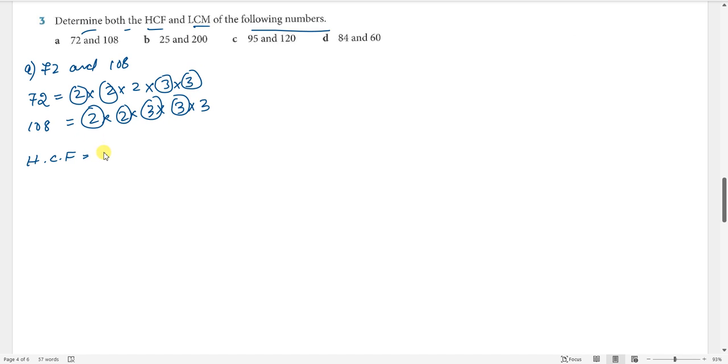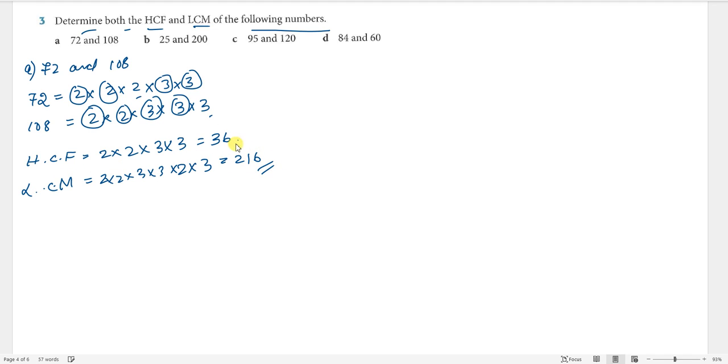So HCF is 2 times 2 times 3 times 3, which is equal to 36. For LCM, it means we have to include all the numbers. So we first write 2, 2, 3, and 3, times 2. The remaining is 2 and 3 again. So our final answer is 216. So HCF is 36, LCM is 216.